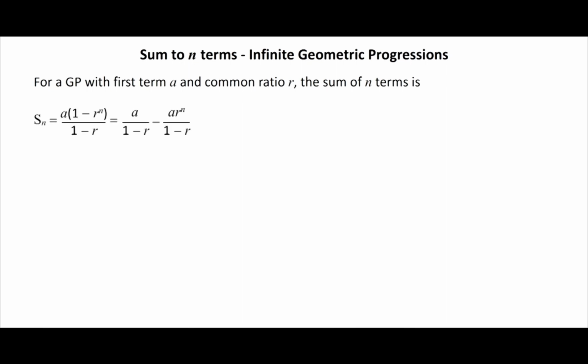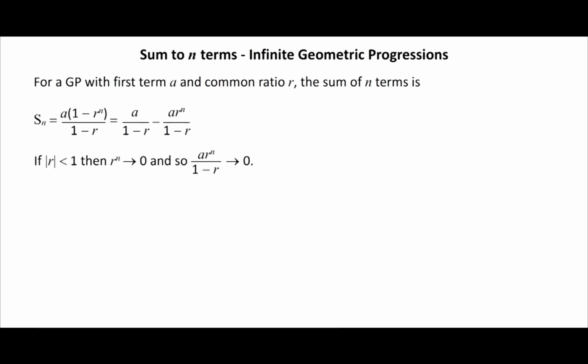Sum to n terms. Infinite geometric progressions. For a GP with the first term a and common ratio r, the sum of n terms is Sn is equal to a into (1 minus r to the power n) divided by (1 minus r), which is equal to a divided by (1 minus r) minus a into r to the power n divided by (1 minus r).